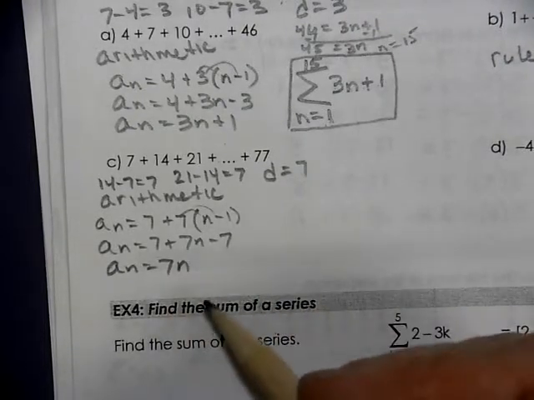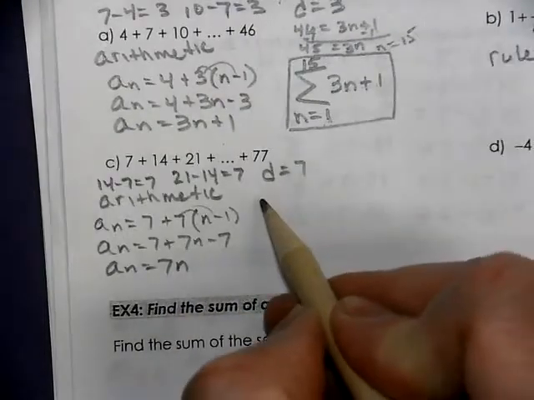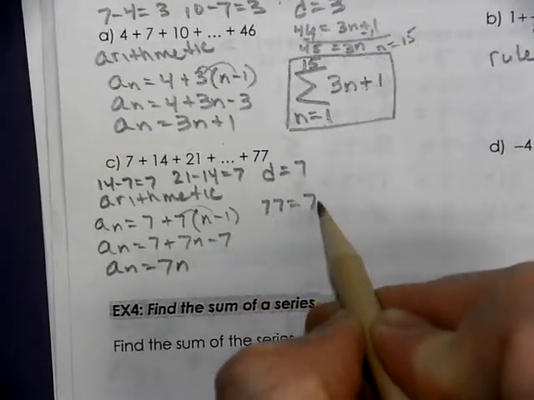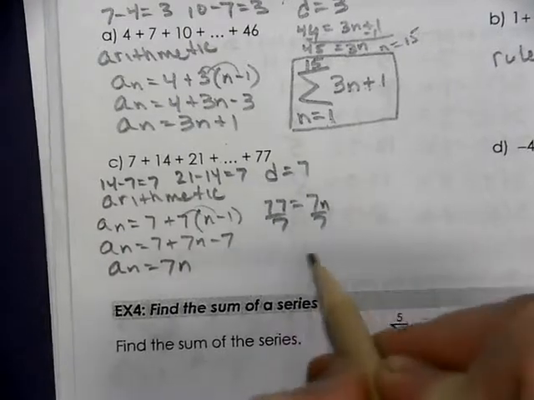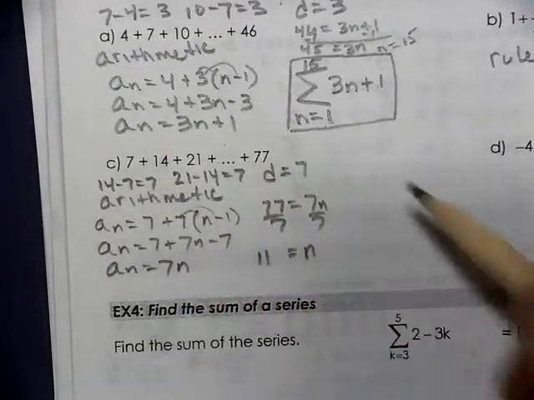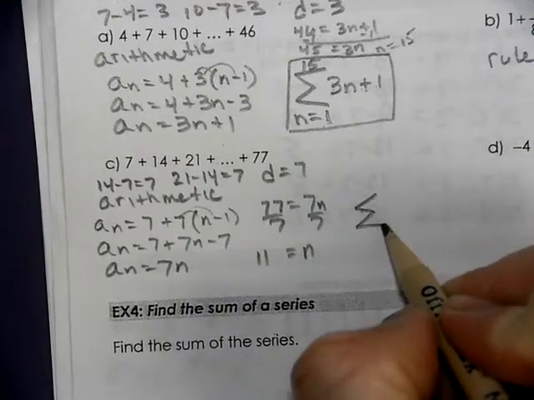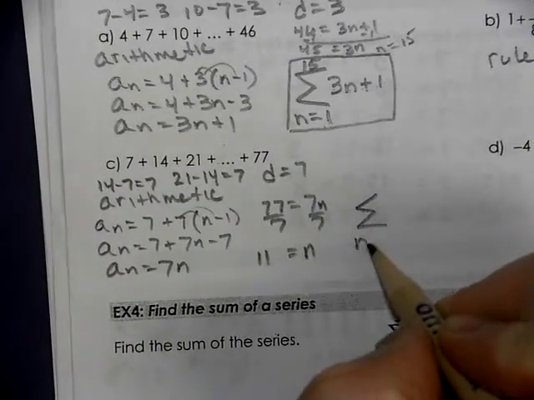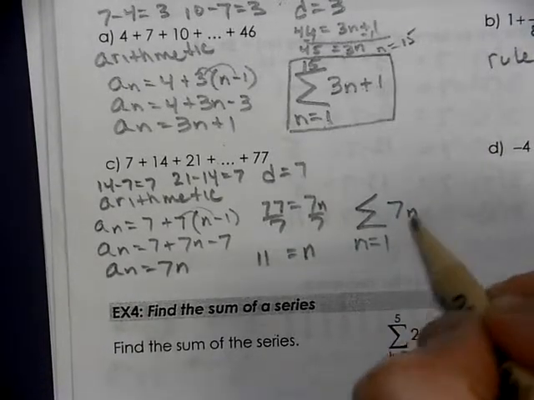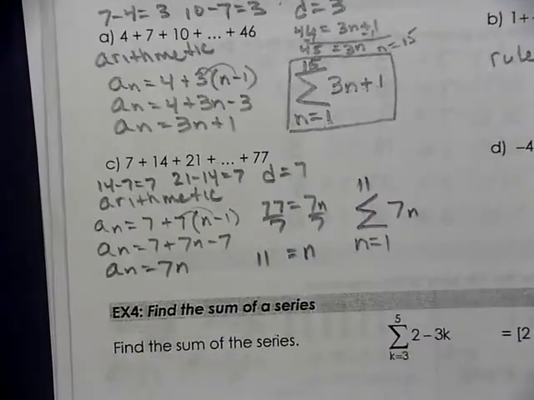Now to figure out how many terms you're going to have, we have 77 is our largest, with the rule of 7n, divide by 7, n has to be 11. So there's 11 terms in this series. So we're going to start with n equals 1. We'll use the rule of 7n, and it'll go up to 11.